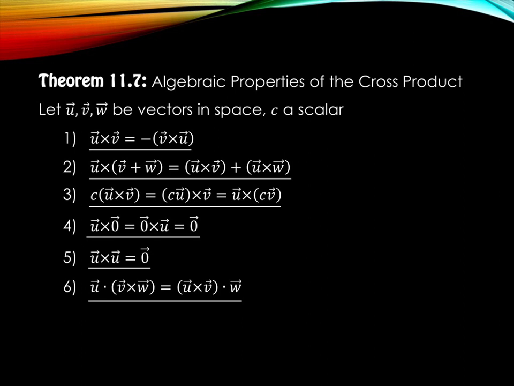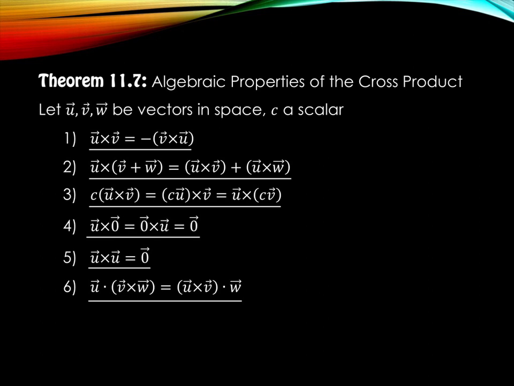I just wanted to show you some of them and not all of them, right? So if I do U cross V plus W, that's the same as U cross V plus U cross W. So that looks like a distributive property, by the way. Number 2 would be a distributive property of a vector crossed over addition.